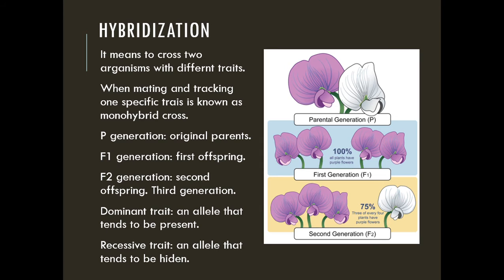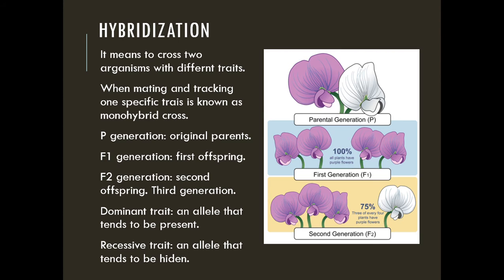So, one more time. The dominant trait is an allele or a characteristic that is present. And just like you can see in the first generation, the one that is actually present is the purple one. And what is a recessive trait? Well, it is a characteristic that is there, but it is hidden. And just like you can notice, in the first generation, there is no white.